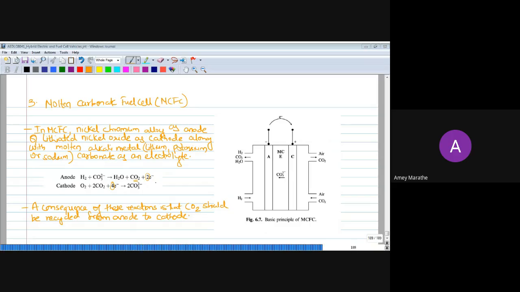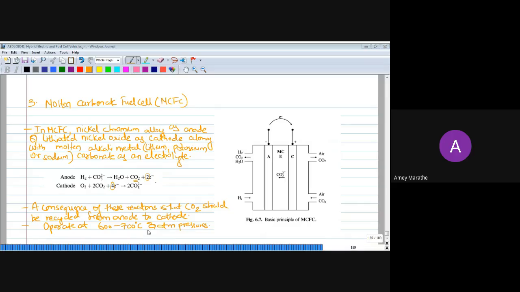From the temperature perspective, they operate at 600 to 700 degrees C and atmospheric pressure, but the temperature is pretty high. Because of the high temperature operation, molten carbonate fuel cells are basically not used for electric vehicles.